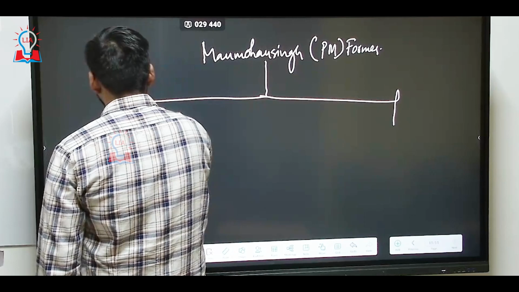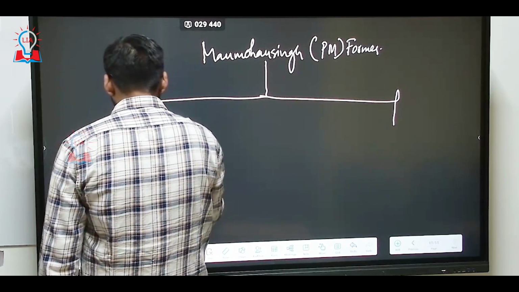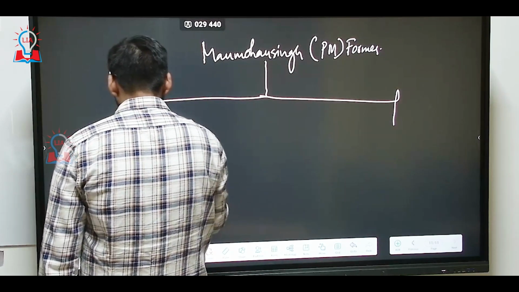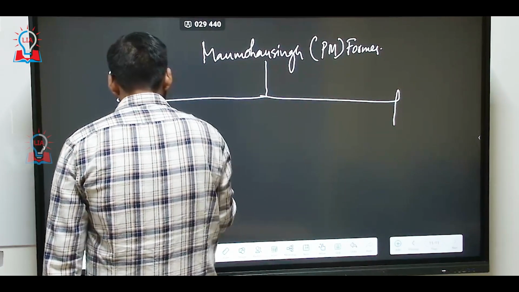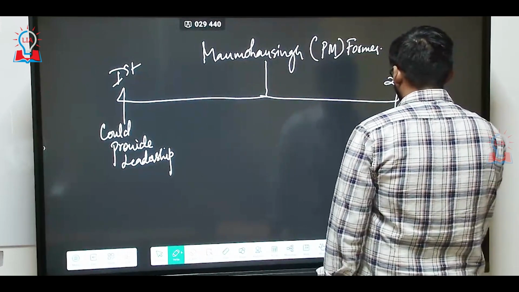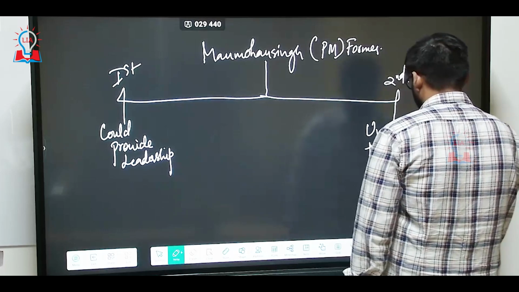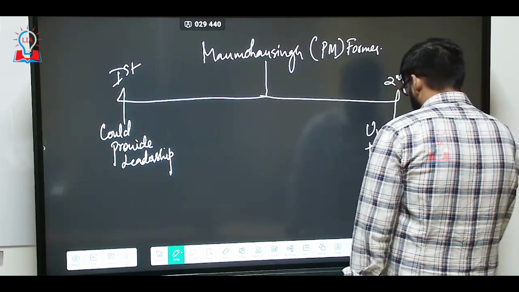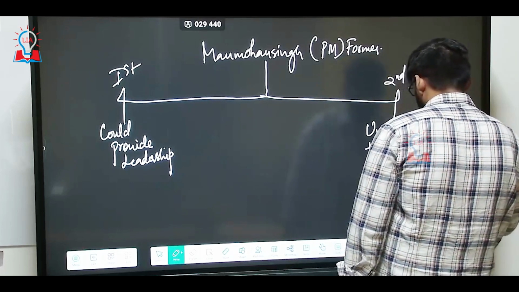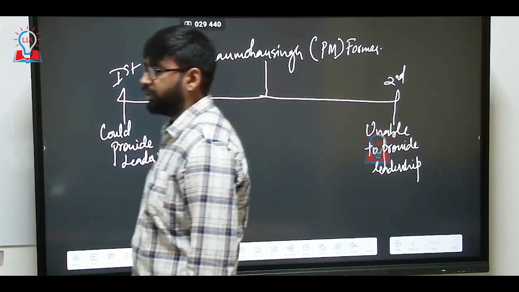In the first term, he could provide leadership, but unfortunately, in the second term, he was unable to provide leadership. Getting my point? This is the main feature.